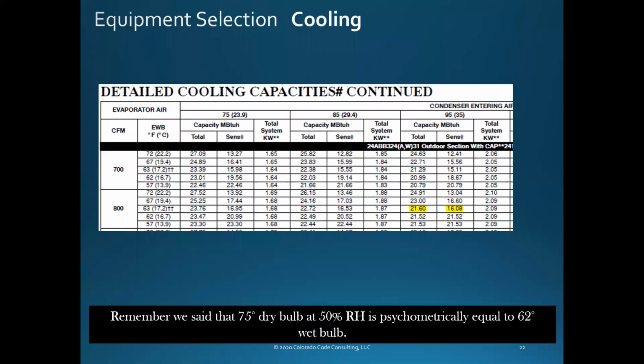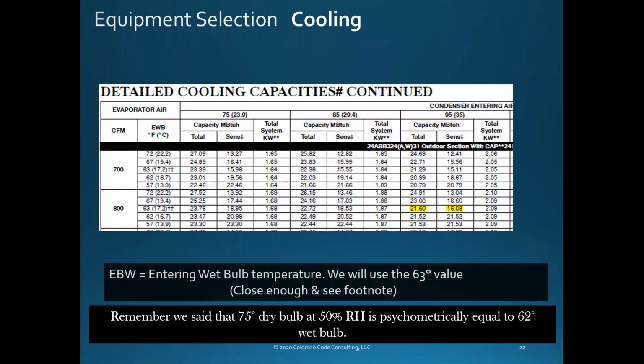So we're going to use 63 degrees. Right, 75 degrees. We were talking about that last week. At 50% relative humidity that is a 62-degree wet bulb. Remember the sling psychrometer, wet bulb and dry bulb. So we're going to use 63. We'll look at this footnote and explain what that means in a second.